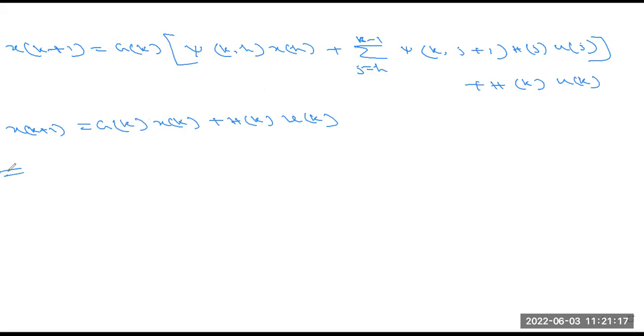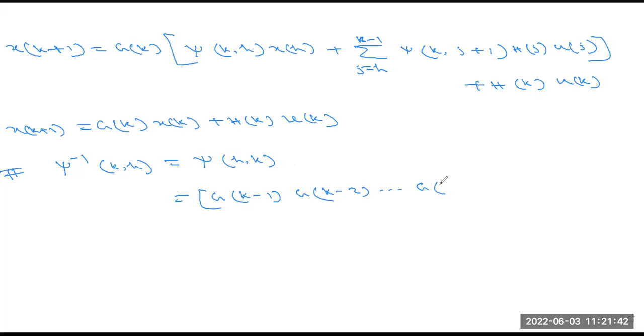And another part we have to express here, psi inverse of k, h. We have to express that psi of k, h, and you know that this is G of k minus 1 into G of k minus 2 and so on up to G of h, inverse.